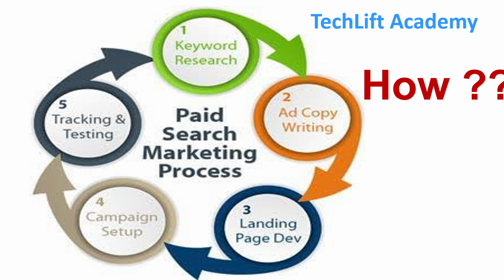So where does the user get to when they tap or click on that ad? That is the landing page. Then the campaign setup. You may have a number of options of which ad to run. So your last step is to test those ads, choose the best and then track results. So that is how the process works.